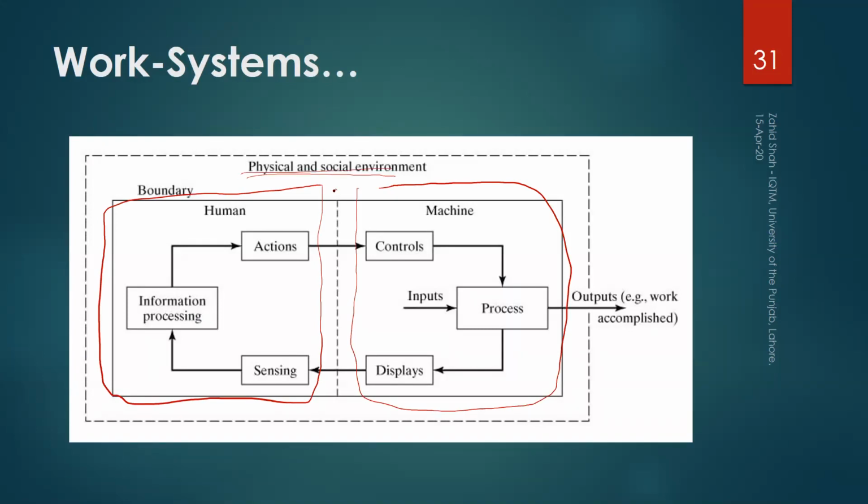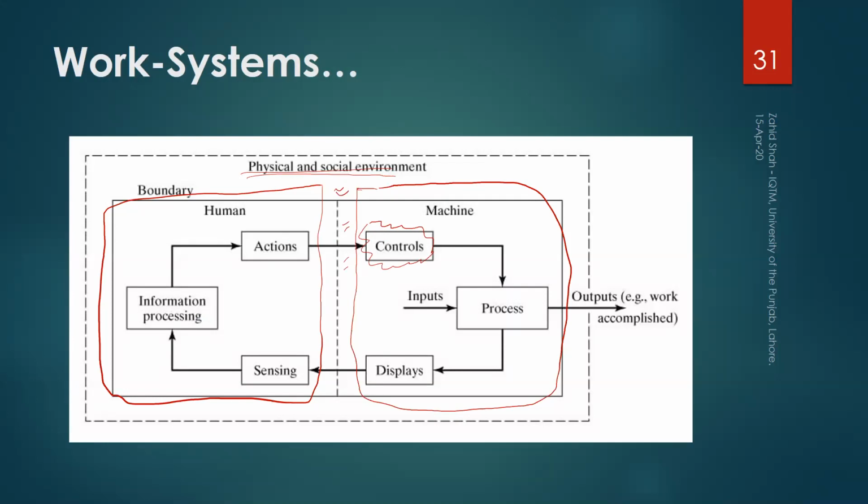And this dotted line in between the human and machine is the interface, or relationship, between human and machine. So this is the point where the human interacts with the machine. Generally, controls are used to make the human interact with the machine. Controls are the interface between human and machine.